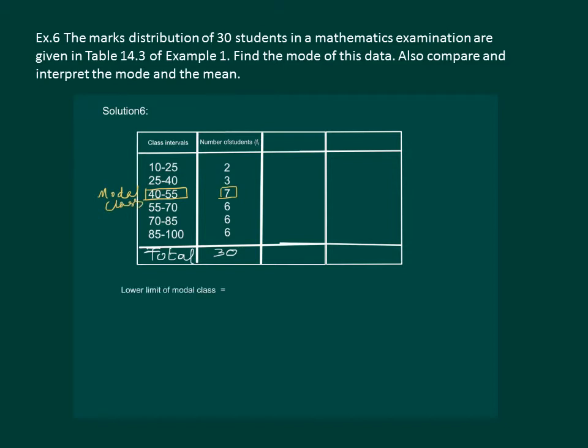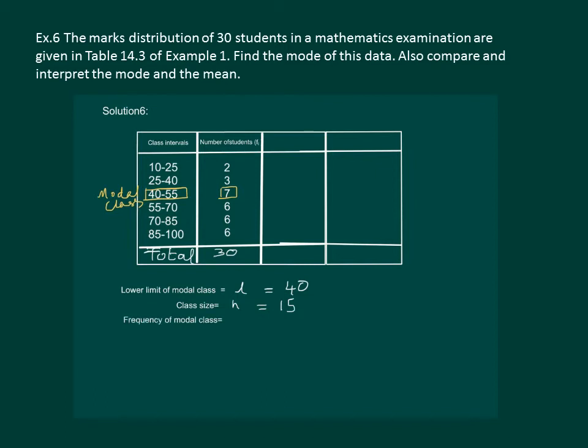Hence, the lower limit of the modal class L is 40. Class size H is 25 minus 10 is 15, and all the class intervals have the same class size, so we can take H equal to 15.